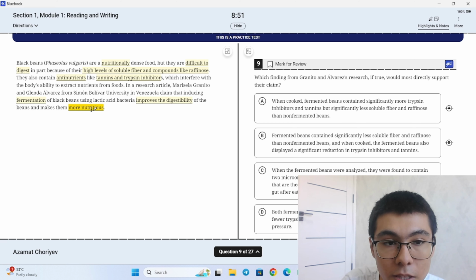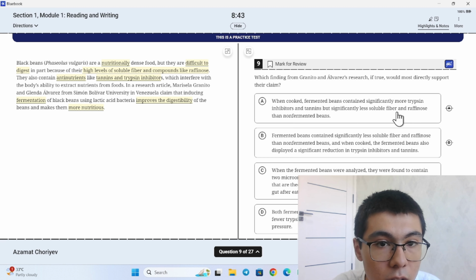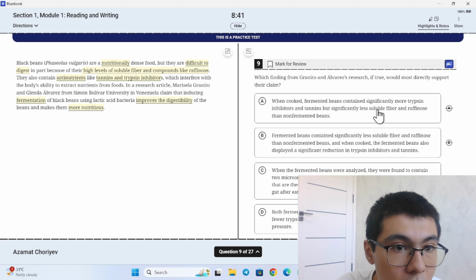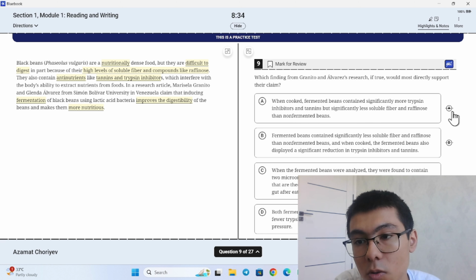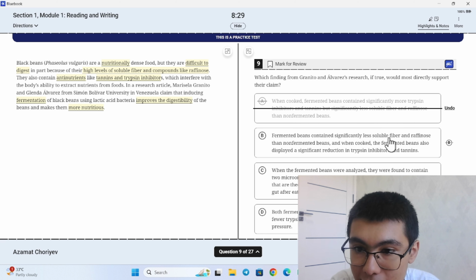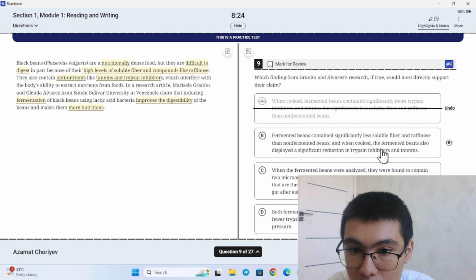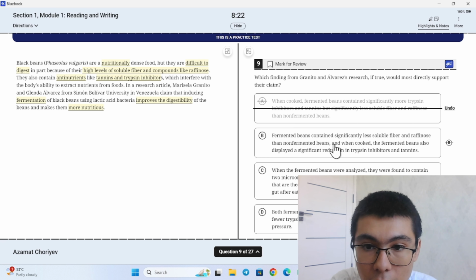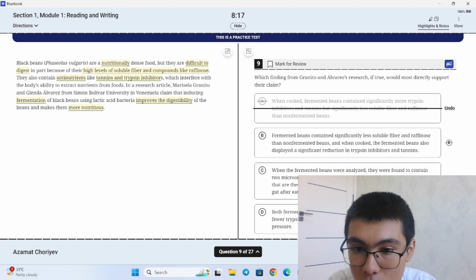So it has to be the opposite of all these stats. When cooking, contain more trypsin. I'm not really sure. No, because there are not more of those trypsin inhibitors. Less, yes, less soluble, because it's in contrast to these. I guess B might be. Let's have a look at other choices as well.